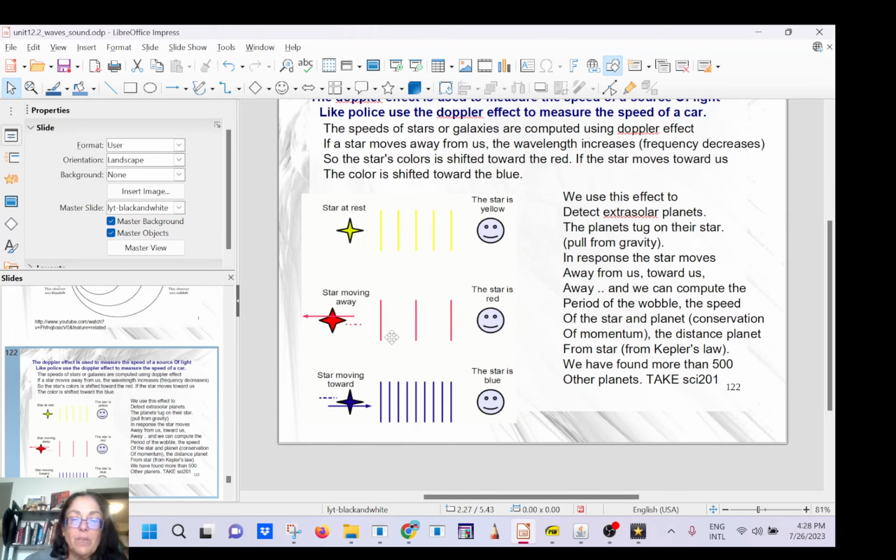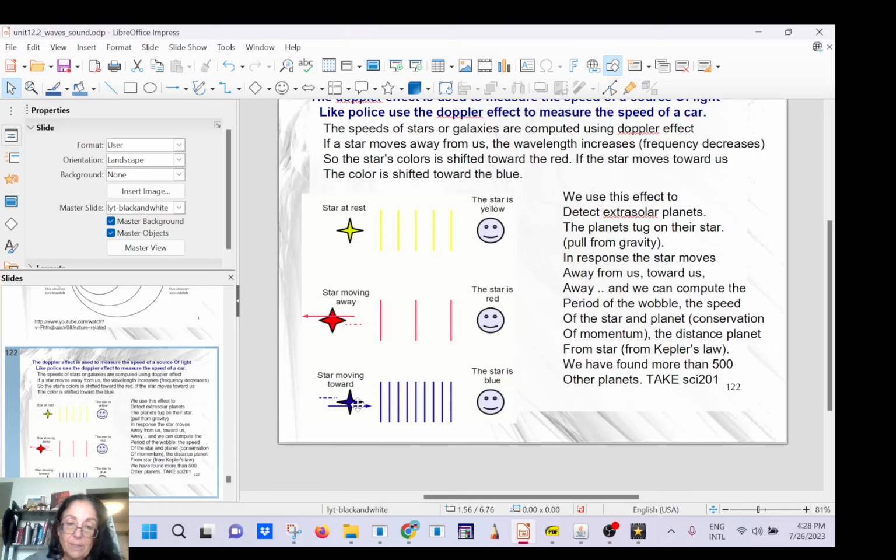If the star is moving away from us and the speed is huge, so you can actually measure the redshift, it's going to appear red. If the star is moving towards you, it's going to be blue. So blue shifted, red shifted.